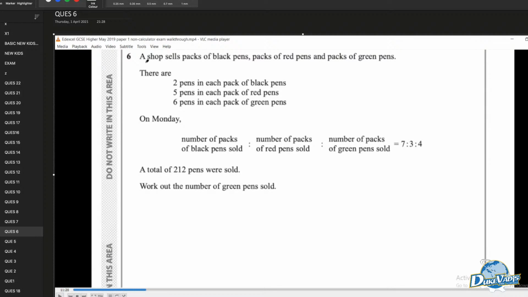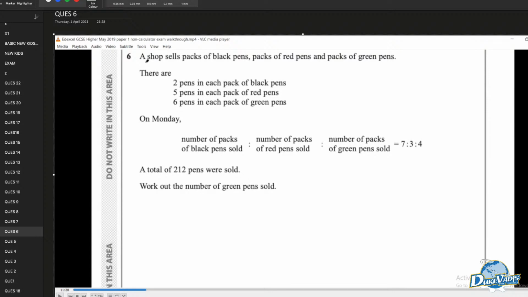We have been given 2 pens in each pack of black pens, then 5 pens in each pack of red pens, and 6 pens in each pack of green pens.